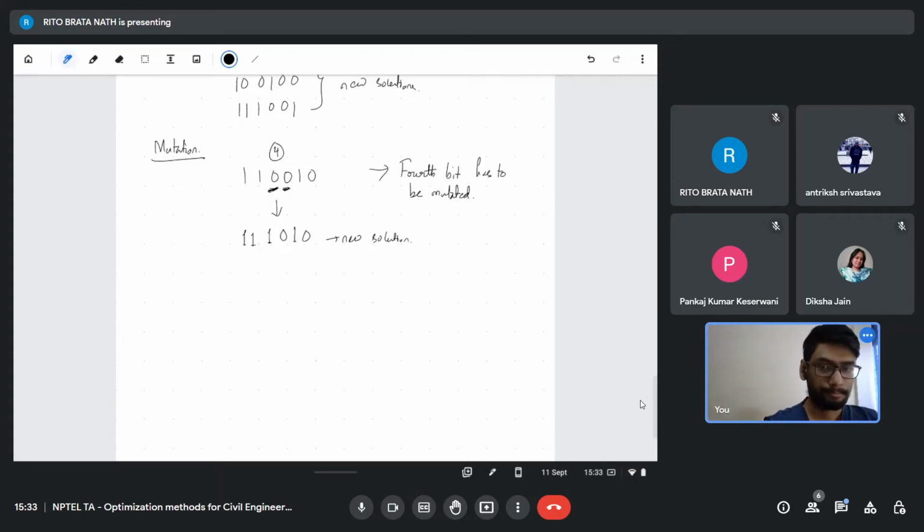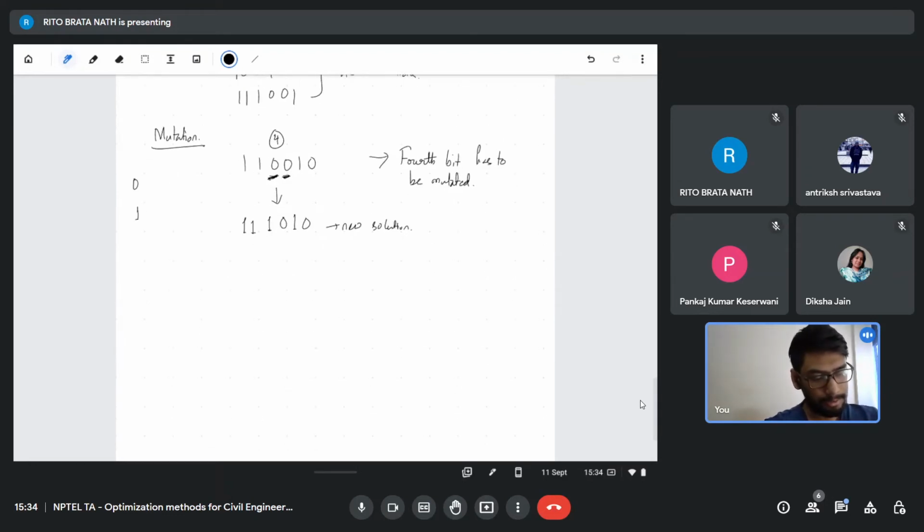So this crossover technique is essentially a local search kind of technique, and mutation can move your solution a lot. Suppose your leftmost bit was 0 and you're making it 1, and you have n bits in the solution string.